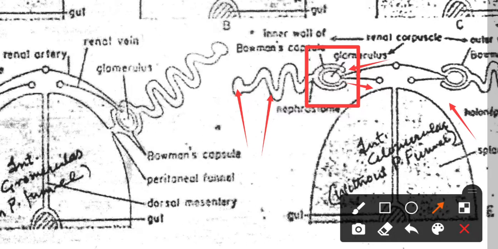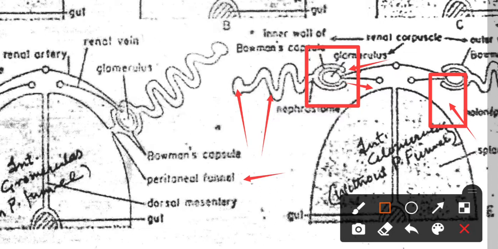If you recall the primitive renal tubule, which I have shown you in the previous lecture, that was having a peritoneal funnel. And that peritoneal funnel is absent in the fourth stage. So in this stage, we don't have any connection or peritoneal funnel between the nephrocele or the Bowman's capsule and the splanchnocoele.